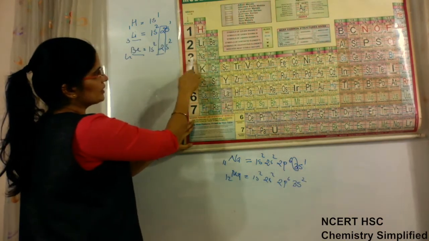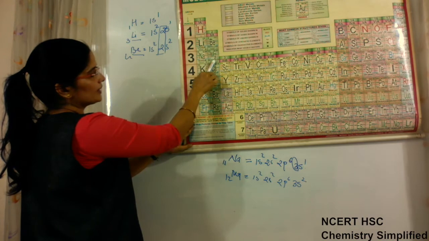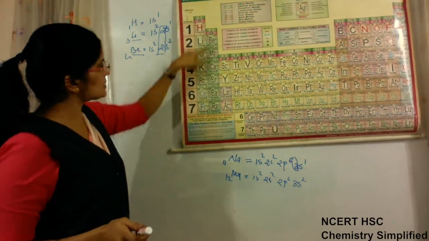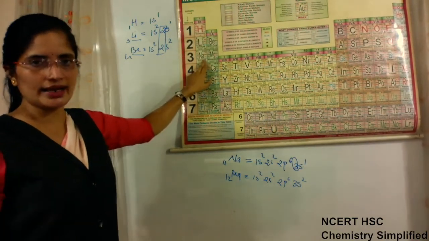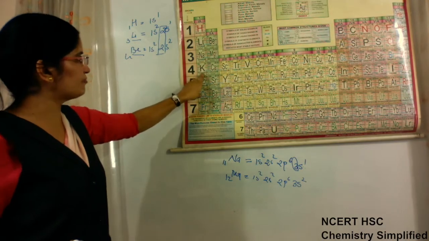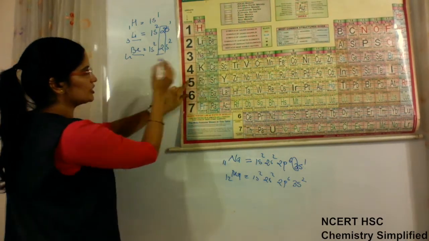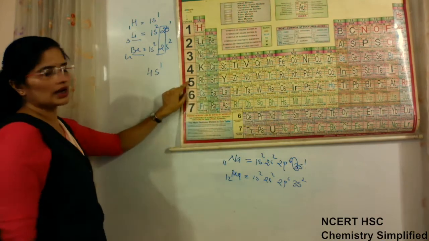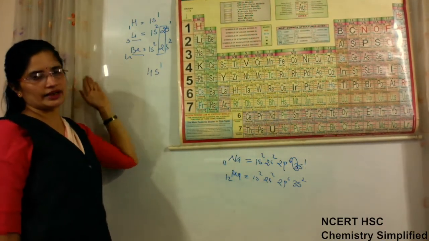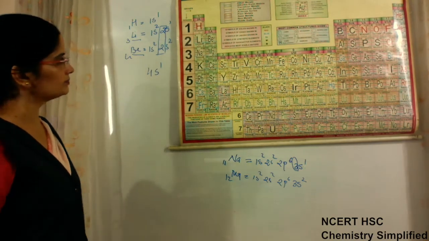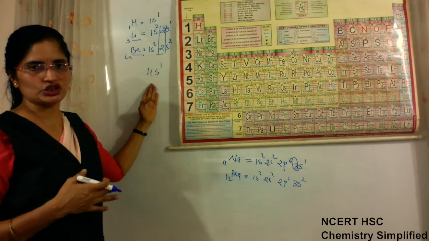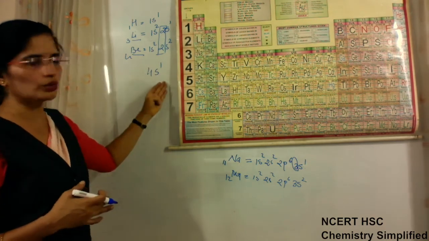So third period means these elements will have electrons in the third shell, and because it is S, it will be in the third shell and S subshell. Fourth, I need not write. Automatically, if potassium is here, its outer configuration will be 4s1. If it is 4s1, then everything previous to it will be full. Before it every subshell and shell will be full. Then only the electron can go in 4s.